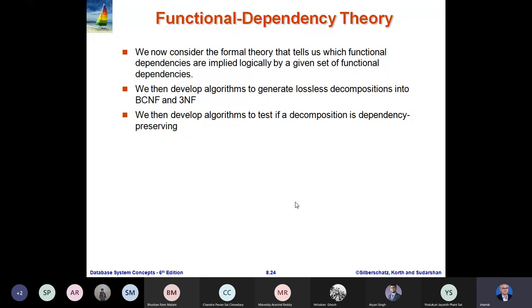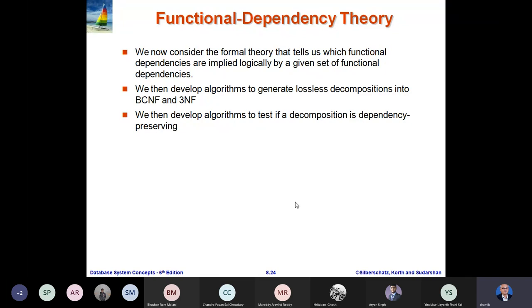In that case, the point is that BCNF decomposition is not always going to guarantee this dependency preservation in the decomposition. And then if we are willing to relax it a little bit and go for 3NF, so 3NF decompositions are always going to be dependency preserving.